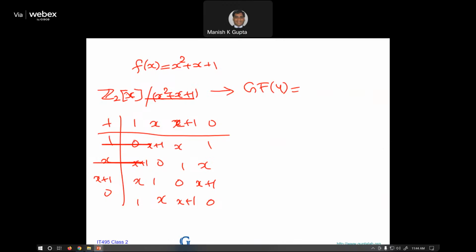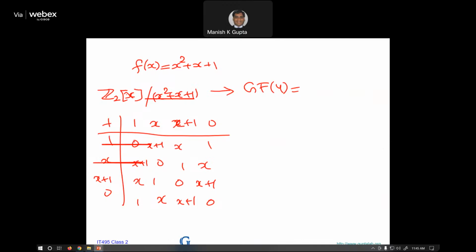Remember, we used this polynomial to construct a field with 4 elements. Remember, x square plus x plus 1 has no root in Z2, right? And then we used it to construct a field with 4 elements. And how will we form these tables, right? Addition and multiplication. Here x, you can also call it alpha. If you remember, alpha is the root of x square plus x plus 1 is equal to 0.